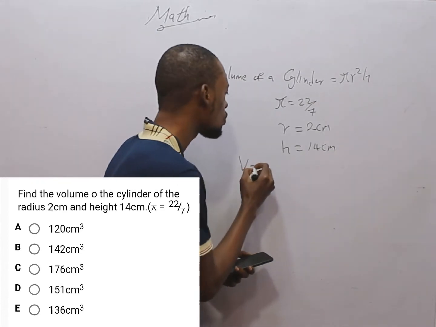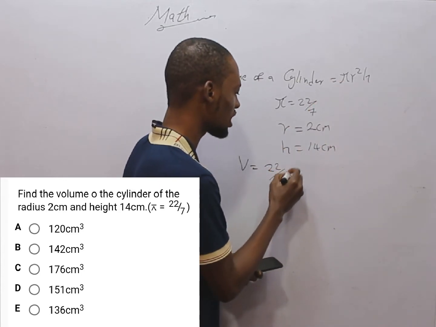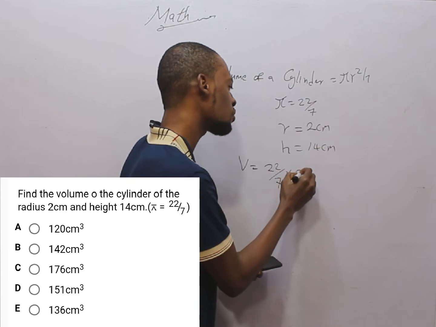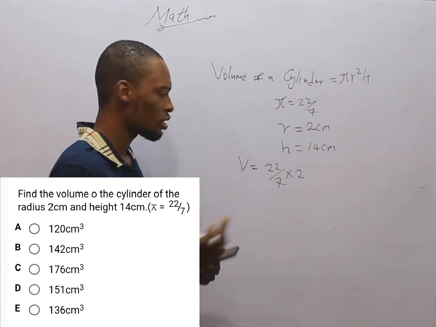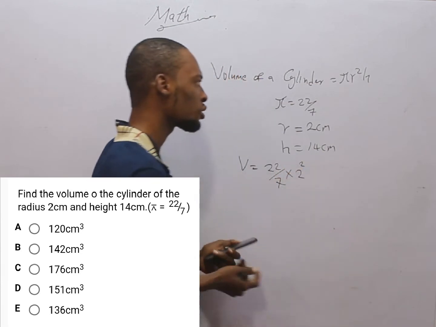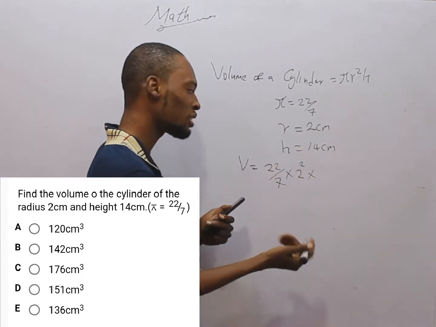So volume equals pi times radius, which is 2. But the formula says square the radius, which means put 2 on top of the radius, times height, which is 14 cm.